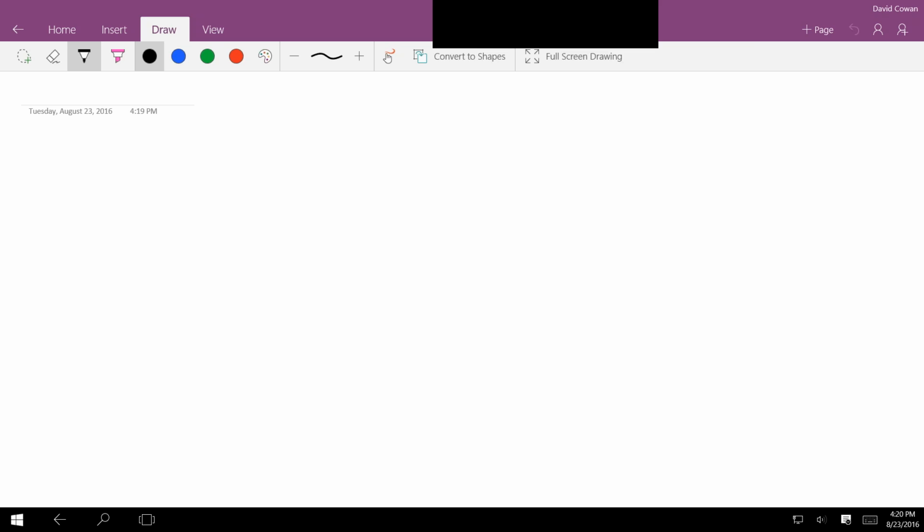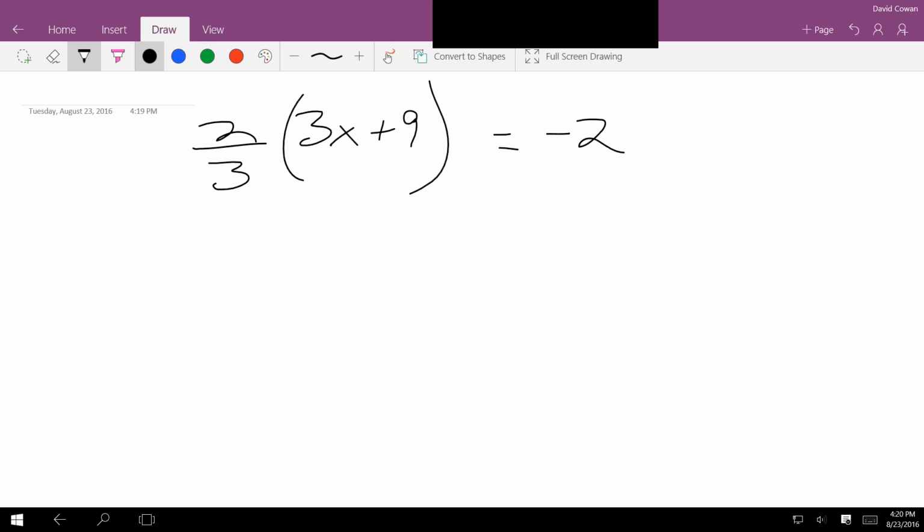So this is 2/3, and then in parentheses 3x plus 9 equals negative 2, and then in parentheses 2x plus 6. Okay.